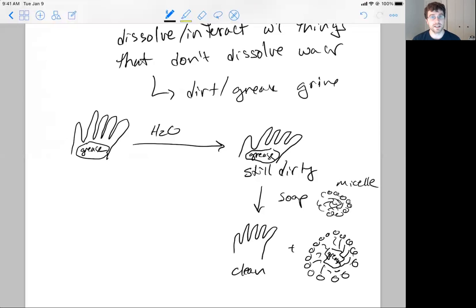So the grease is tucked inside of our micelle sphere, but the micelle is still overall soluble in water, and it washes away in water. And we have soap. Pretty cool. And it's actually a pretty simple source.